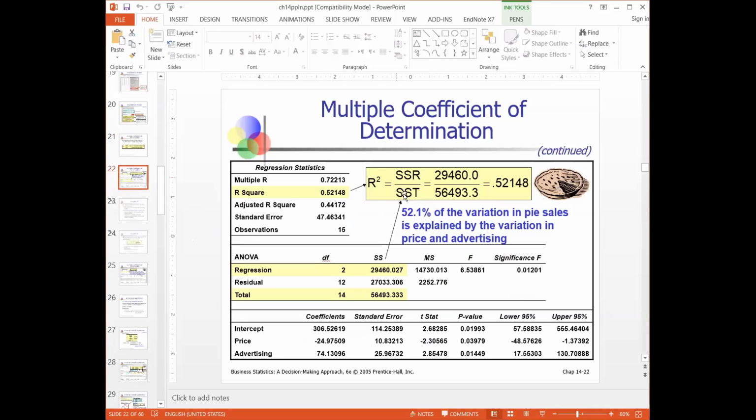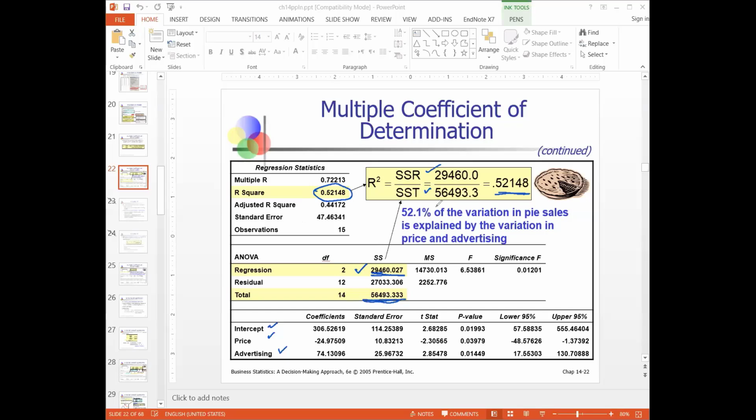So it has discussed R square here. R square is the sum of squares regression. This is the total information because of the independent variables, this is the total information that was to be explored, and this is the information that is successfully explored. So when you divide the successfully explored information by the total information, it is 0.52, and it is already shown here in the Excel regression output.